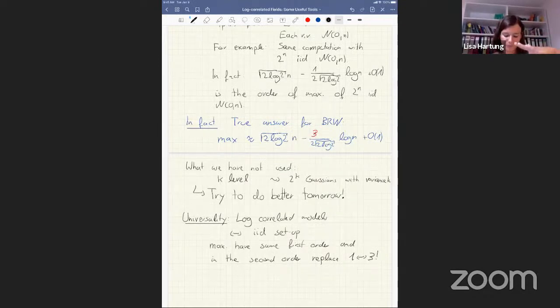And this effect that 1 turns into a 3, so I will explain this tomorrow, is essentially telling you that if you look at the path to the maximum, this constraint that you have fewer particles at the beginning means that the path has to not go above 0. I mean that you have a Brownian motion, you have this walk with a drift, and you essentially condition in some sense a random walk to not go above 0. And this is going to cost you exactly this additional 2. But I will come to that a bit more tomorrow.